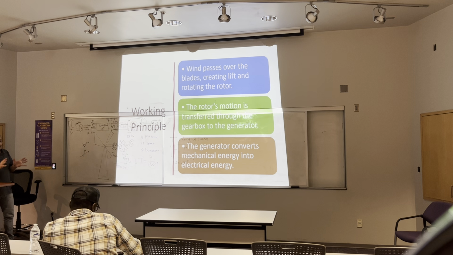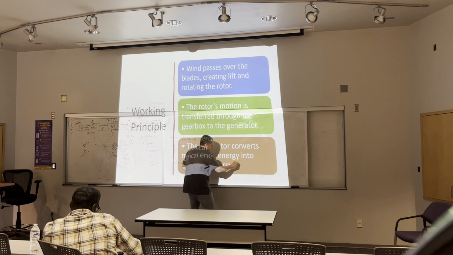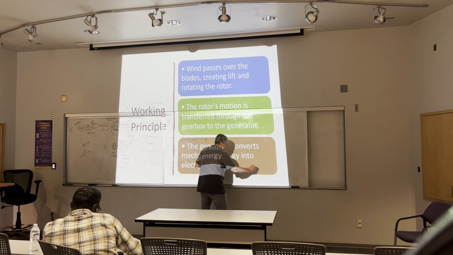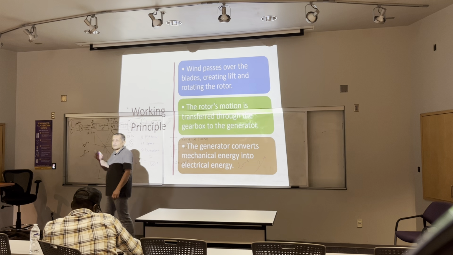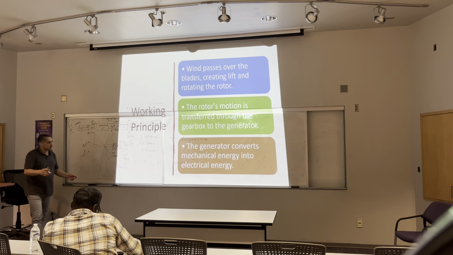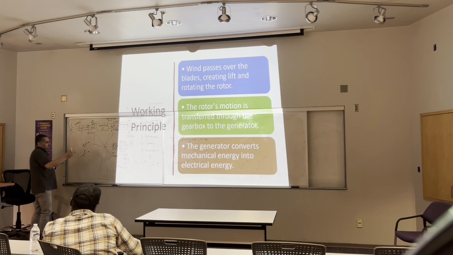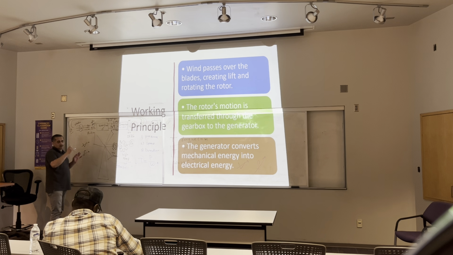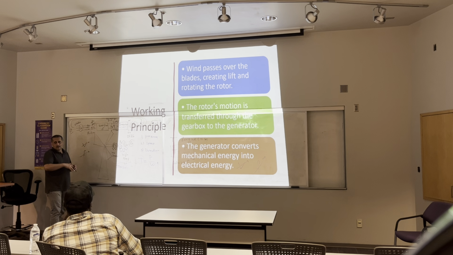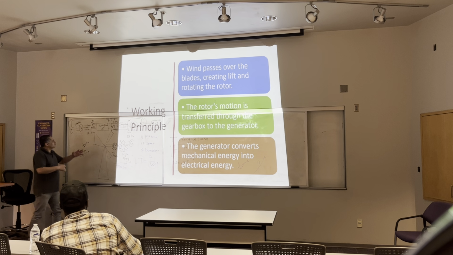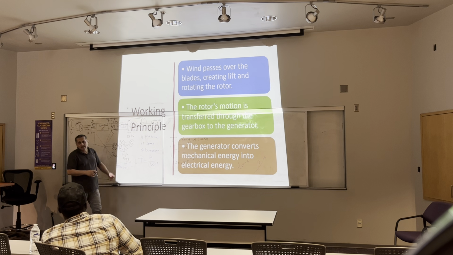But the electrical energy will be variable V, variable F. Okay, but we can convert the variable voltage and frequency to constant voltage and constant frequency by using a set of rectifier and inverter.